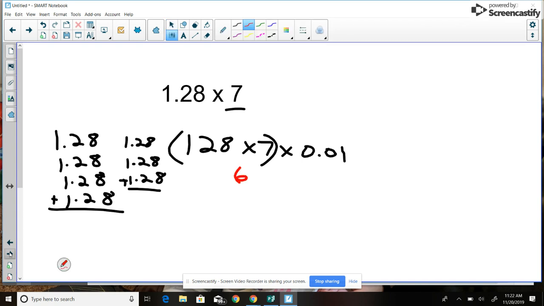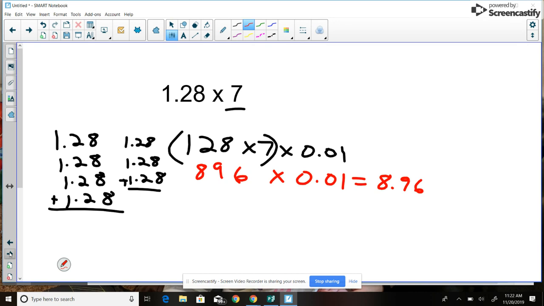So again here, when we solve 128 times 7, we're going to get 196, and then to take that times 100th would put us at 8 and 96 hundredths.